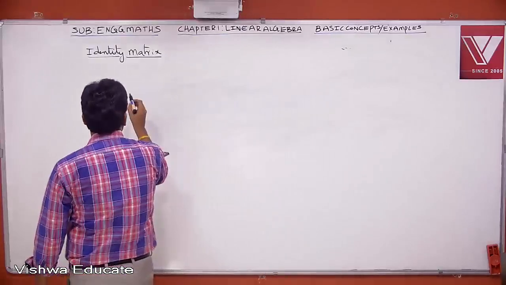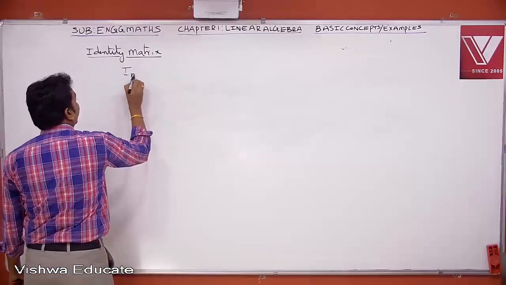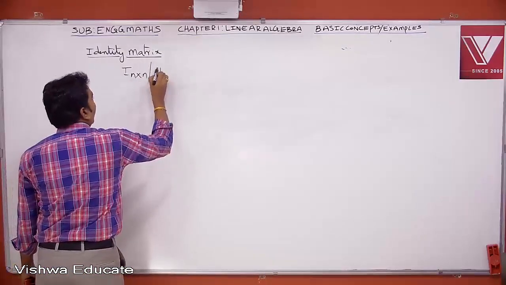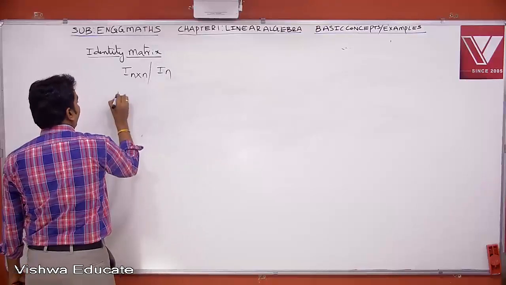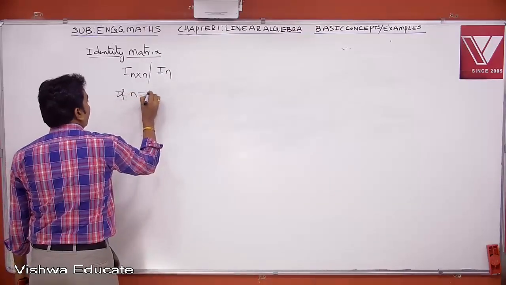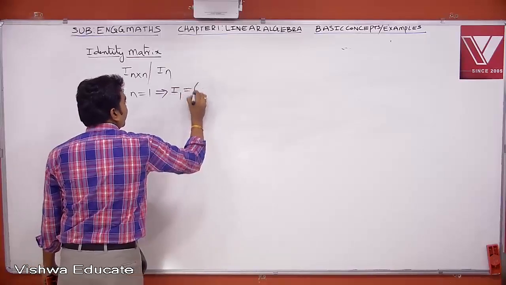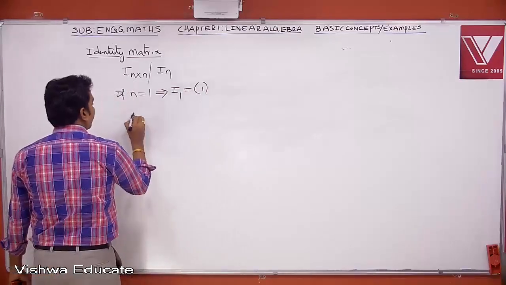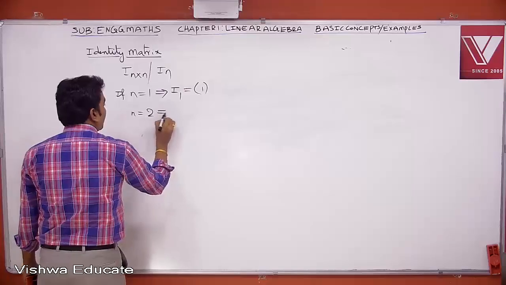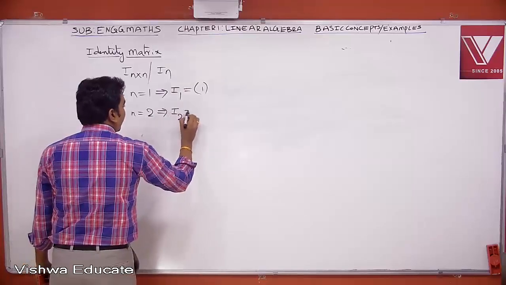Symbolically, it is denoted by I_n cross n or I_n. Suppose when you take n equal to 1, then the matrix is called I1. So it contains a single quantity, it is 1. Suppose if n equal to 2, then it is called I2 symbolically.